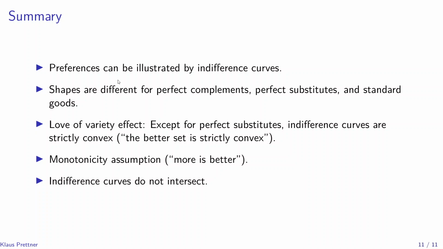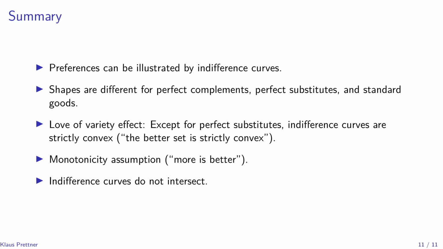So we can summarize now everything we've learned about indifference curves in this chapter. So the first thing is that preferences can be illustrated by such indifference curves, and the shapes of the different indifference curves reflect whether the goods are perfect substitutes, then you would have straight lines, perfect complements, then you would have lines that stand in a 90-degree angle towards each other.